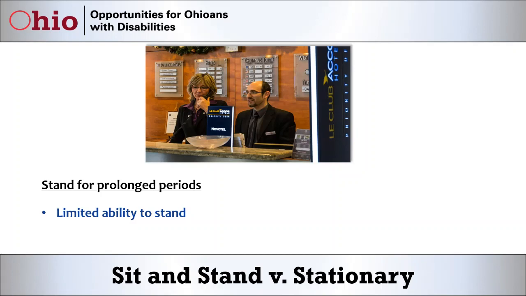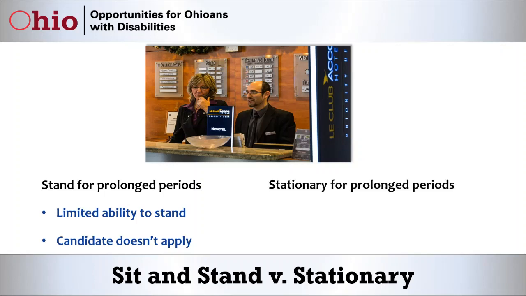So based on the job description, the candidate doesn't think they're qualified for the job and doesn't apply. If instead the job description states one of the essential functions is to maintain a stationary position for prolonged periods to check in guests, the candidate knows they can use a standing height stool and sit for prolonged periods to perform this essential function, and so now feels qualified and applies for the job.